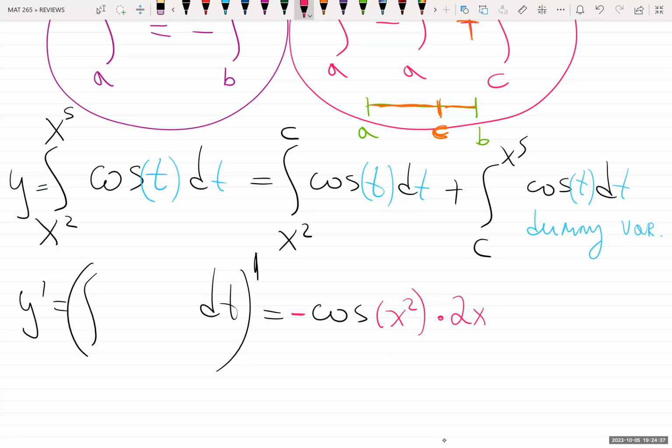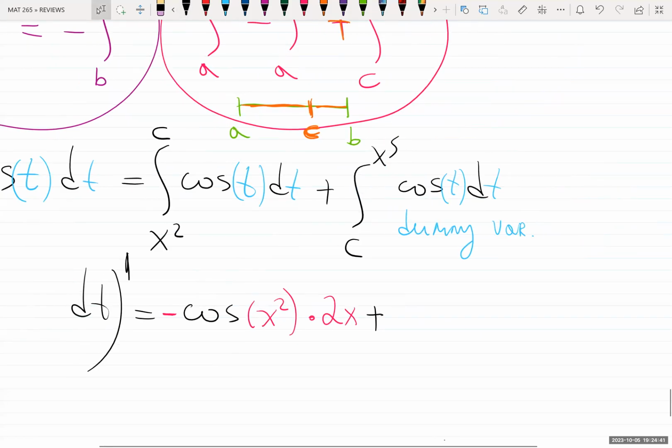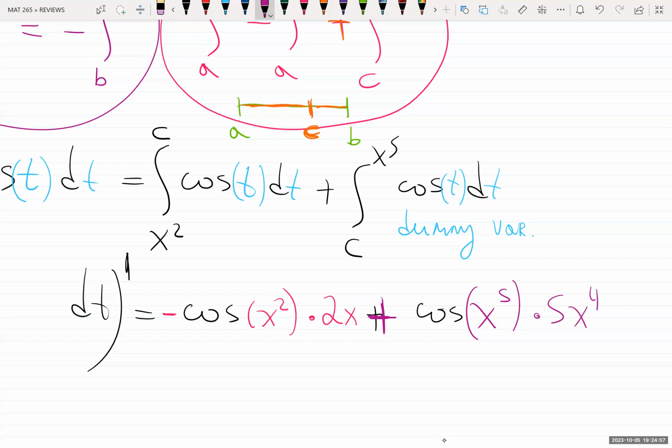That's your first integral. Plus, repeat. Copy whatever is inside. Check: is the thing at the top or at the bottom? It is at the top, so keep plus. Is it x or x to some power, or some kind of function? It's a function. Copy the function times 5x to the 4. That is the answer.